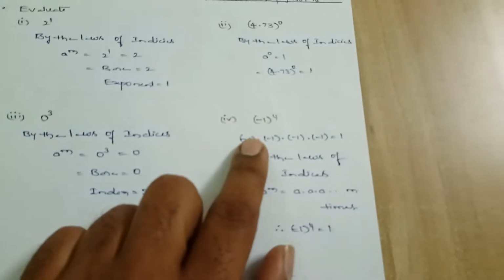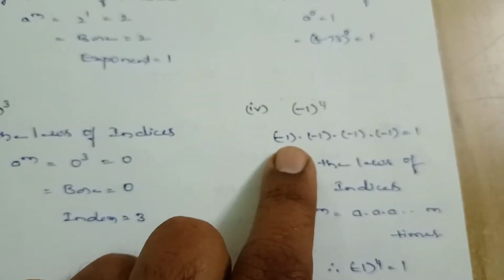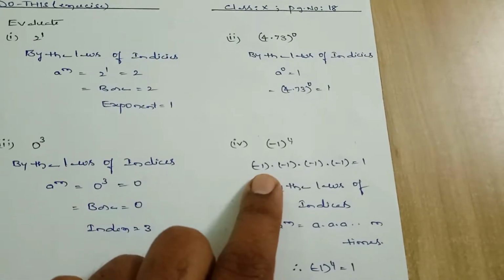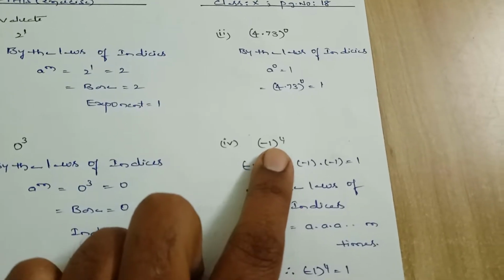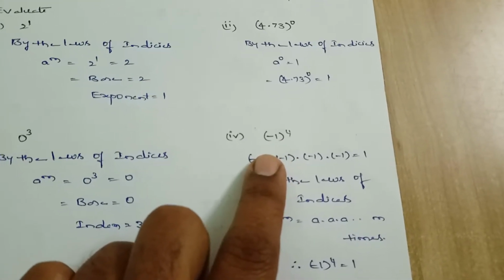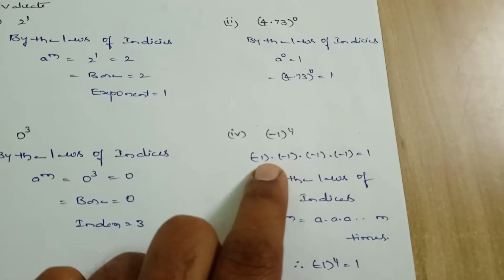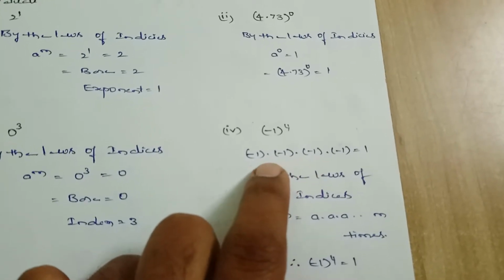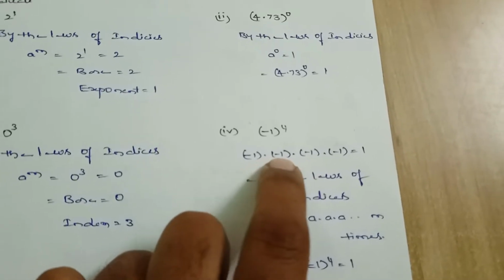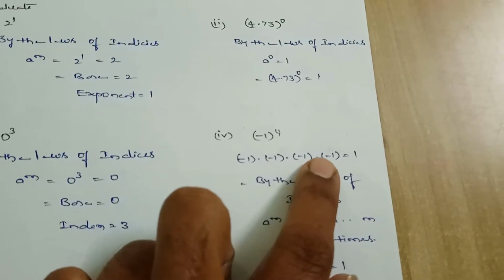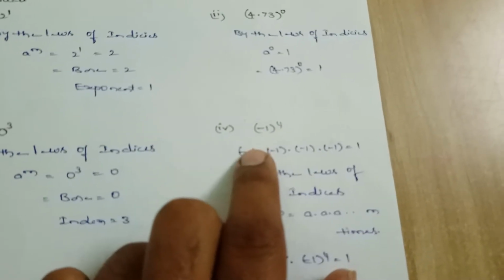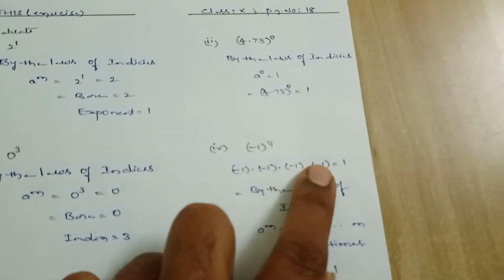Coming to the fourth one, minus 1 whole power 4. Here base minus 1 is repeated 4 times. So mention the step like this: minus 1 into minus 1 into minus 1 into minus 1, because the power indicates the number of times the base is repeated, that equals 1.